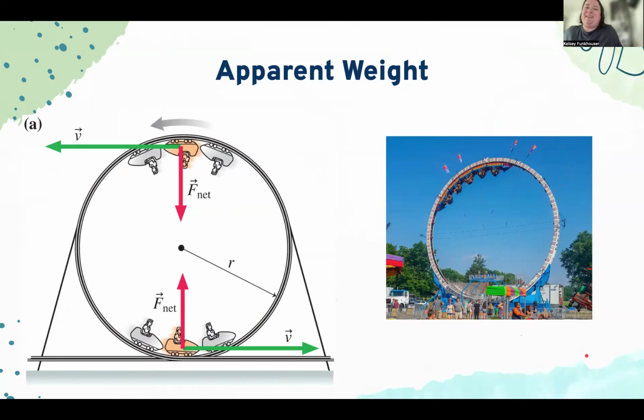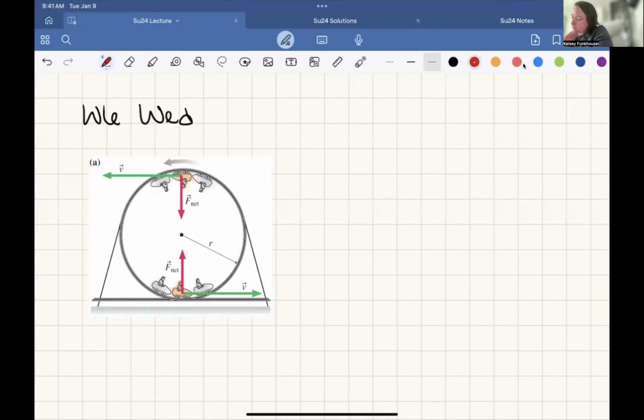I've never gone on it because that's not my thing. But let's take a look at the forces at the top and bottom of this roller coaster. Okay. So let's start with the top. At the top, we'll just draw the free body diagram.